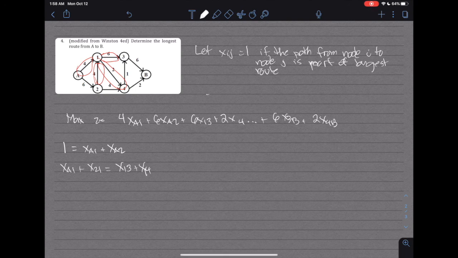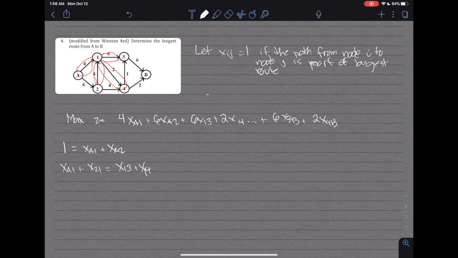That means that if a path goes into node 1, you are sure that a path will also go out of node 1. If no path comes into node 1, no path should come out of node 1.